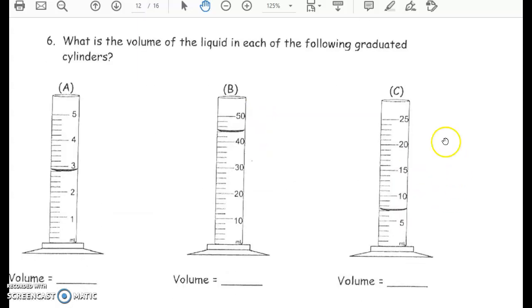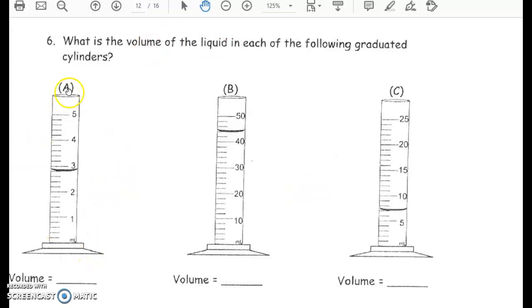What is the volume of liquid? When you're looking at these, you need to make sure that you're looking at the bottom of the meniscus, so the bottom of that line, not the top. Now, they were nice enough on these pages to make sure that A, B, and C were the same cylinders from up top.